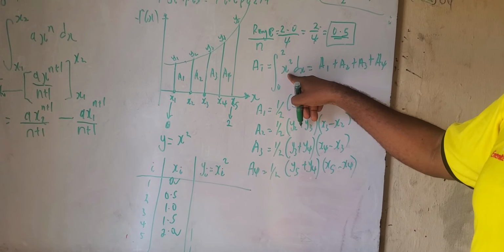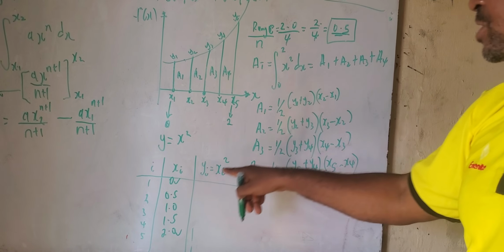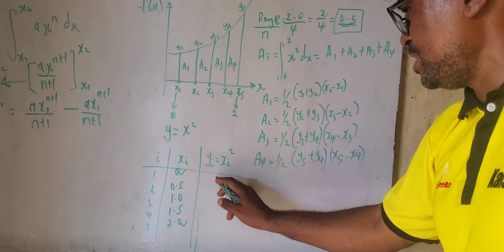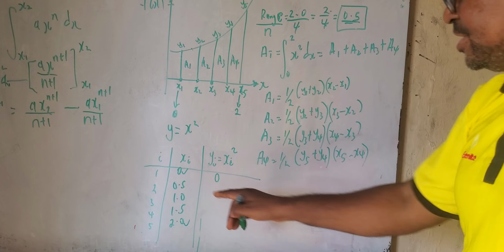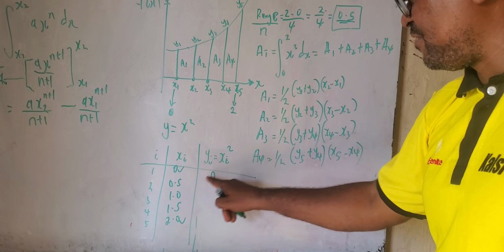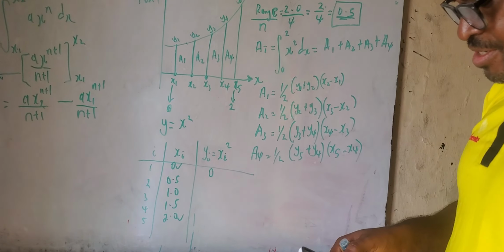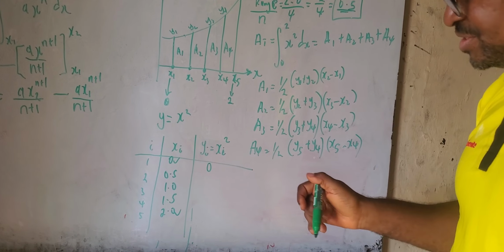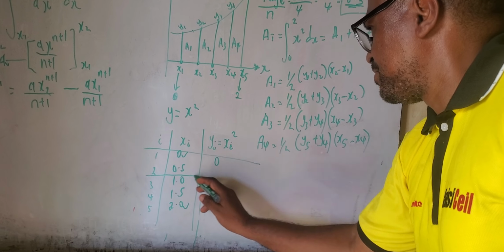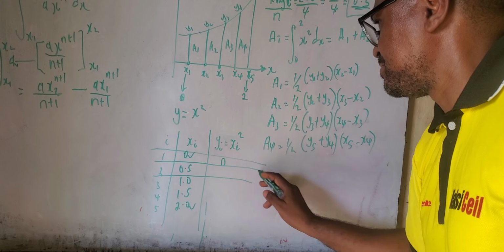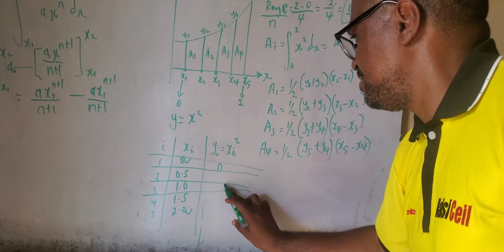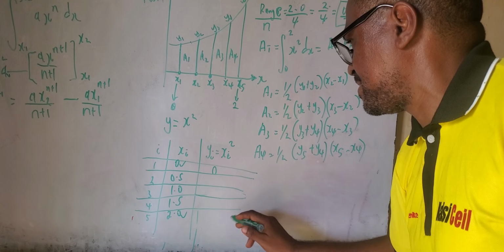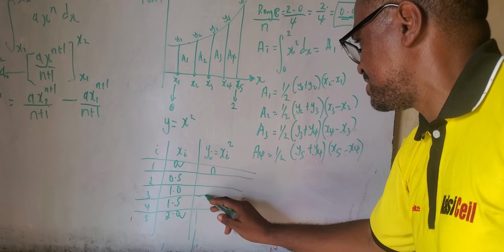So the next thing is that we should square each of these, according to the function inside the integral sign. So 0 squared will give us 0. When x is 0.5, we write 0.5 squared, and that gives us 0.25. Let me demarcate so that we can easily see what is happening. Sorry about that.